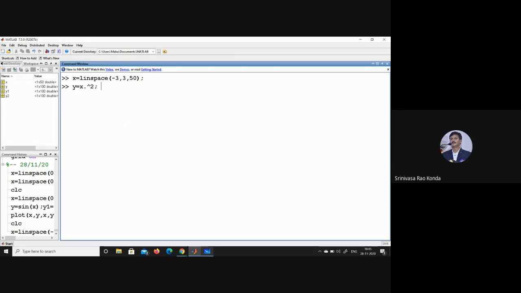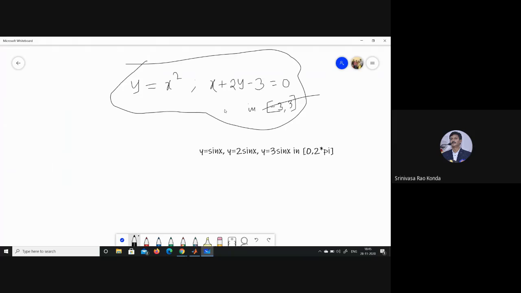The second curve: 2y is equal to 3 minus x, so y is equal to 1 by 2 into 3 minus x.